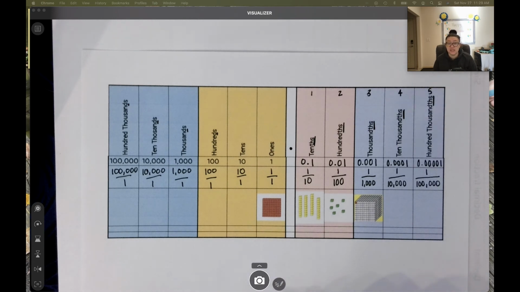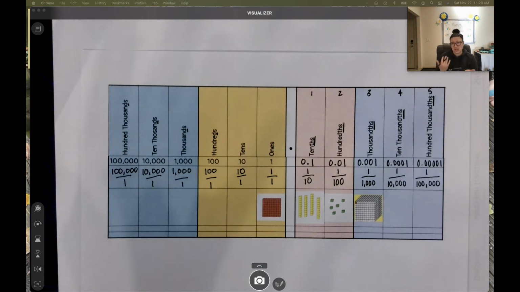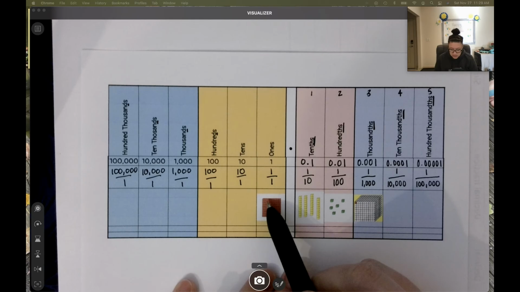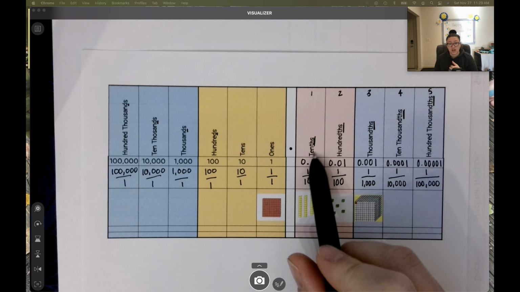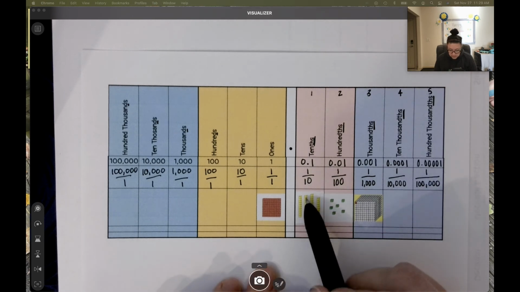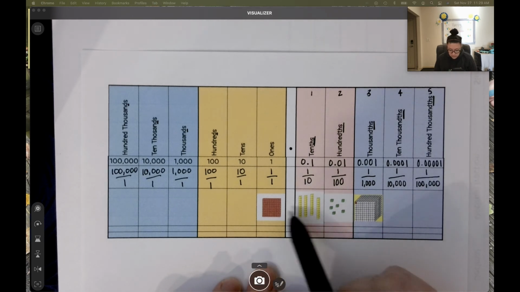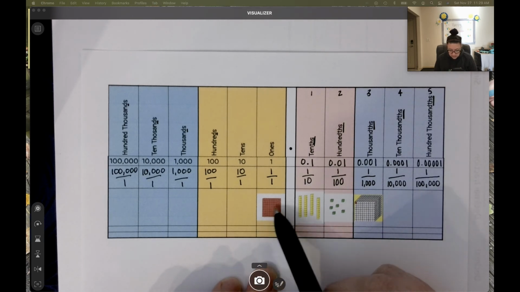We're also going to be seeing visual representations of each of these types of numbers. When we're looking to see what number is shown, most of the time you're going to see a flat square as our whole, as our 1. Our tenths are going to be these sticks. Each one of these sticks represents 1/10.